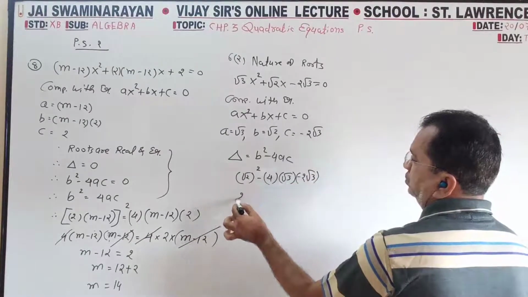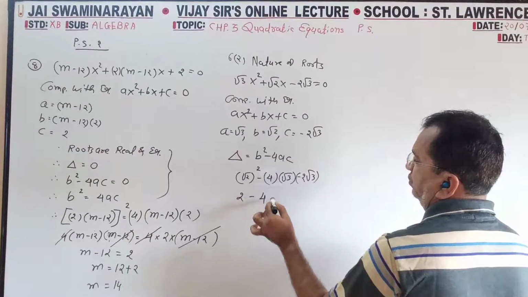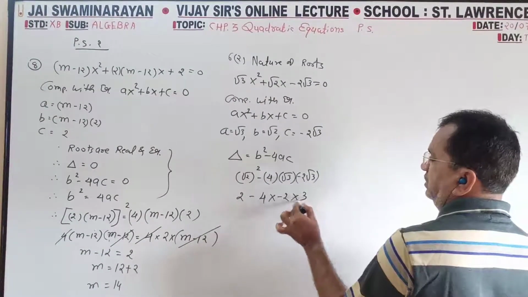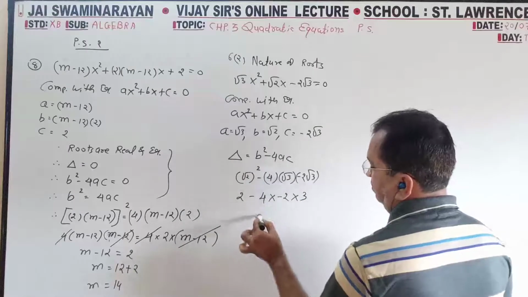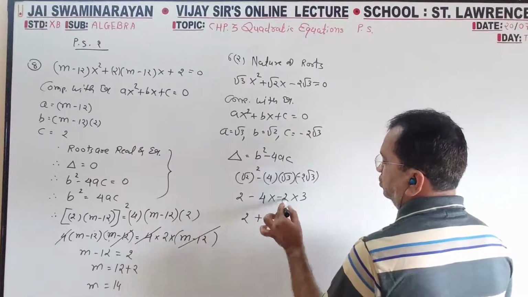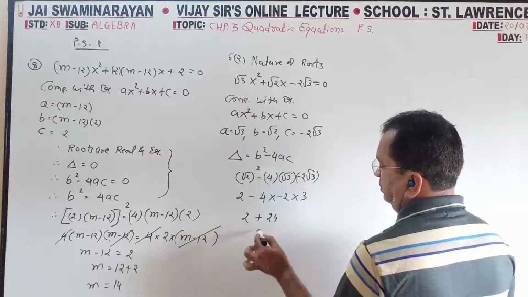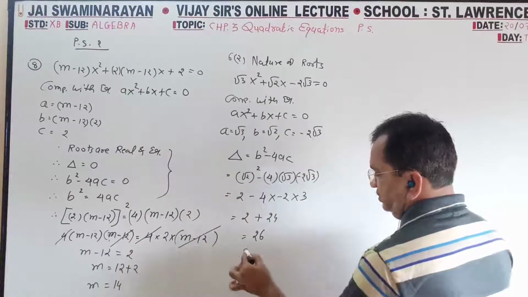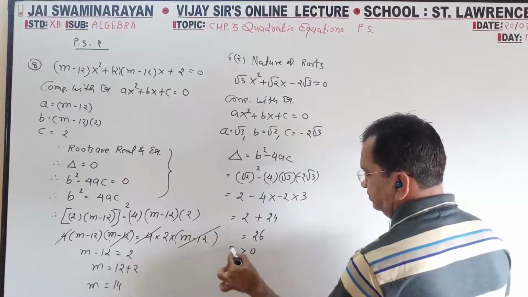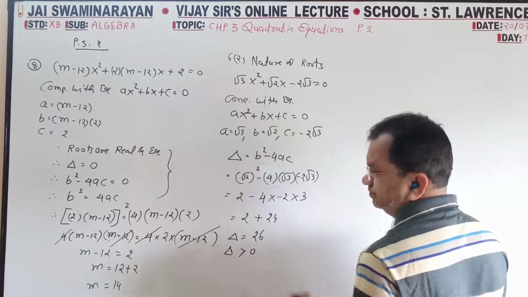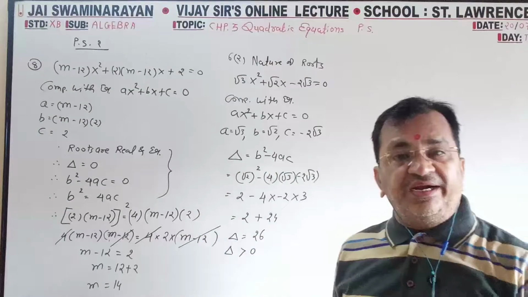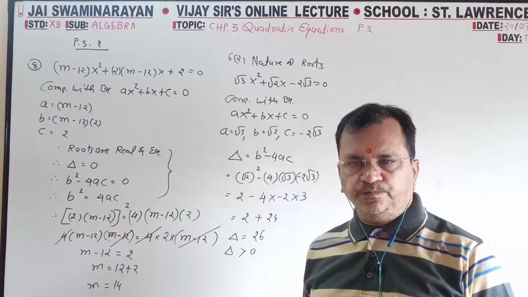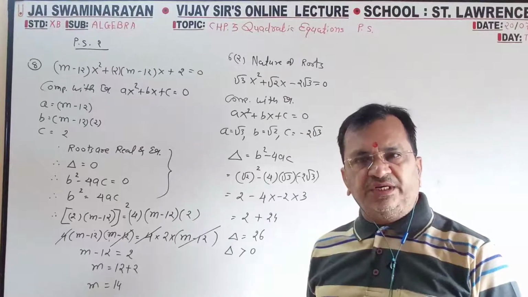Root 2 squared is 2, 4 times root 3 times minus 2 root 3, minus becomes plus, 4 times 2 is 8, 8 times 3 is 24, so 2 plus 24, 26 is the answer. Which is greater than 0, positive. When it is positive, it is real.